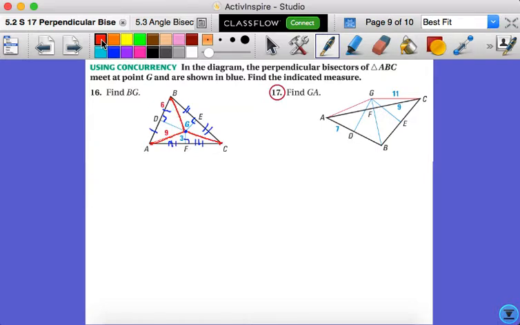So if one of those distances is 9, then BG is also 9. Same thing over here, G to A would have to be 11 because G to C is 11. I also would know a couple of other key pieces as well. So as you're going through this, you want to think about what information pieces you're given and what you know based on the fact that this is a circumcenter.